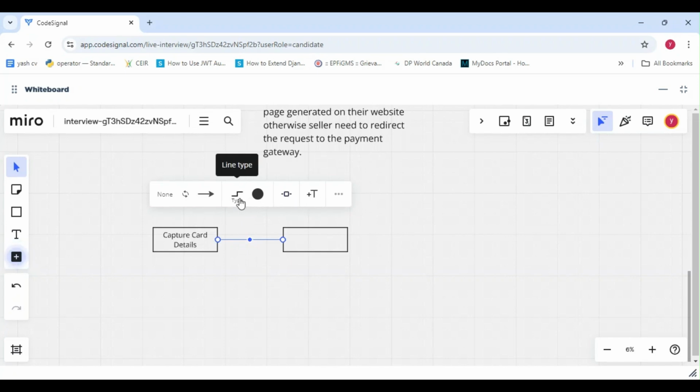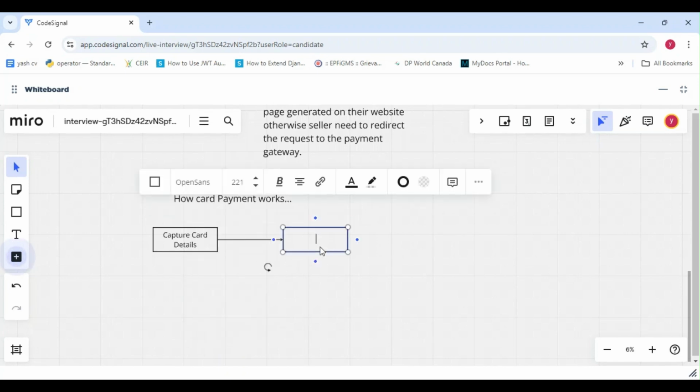Yeah, here. Capture card details. Then we have the merchant UI. Merchant UI, you can assume is the Amazon UI. From the merchant UI, we will go to the payment gateway.